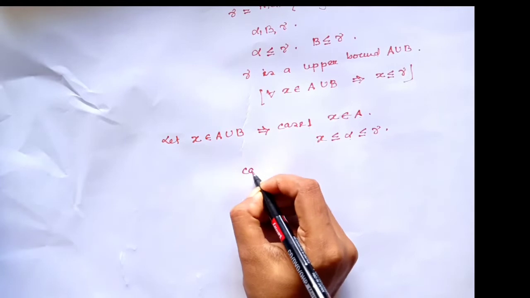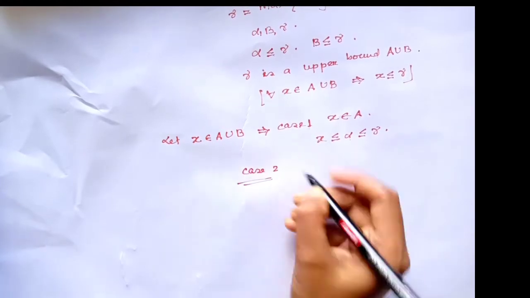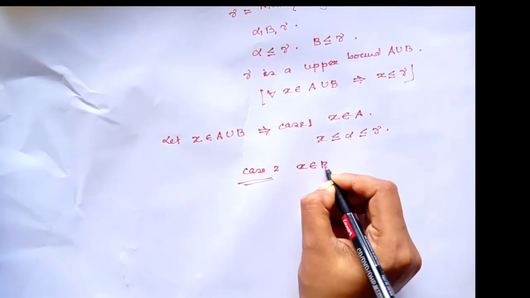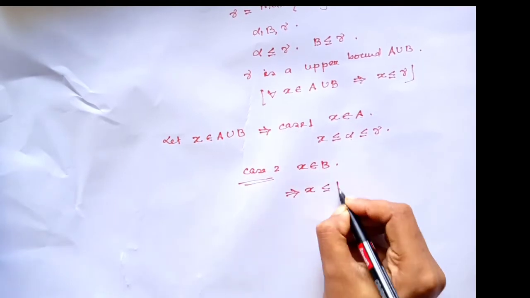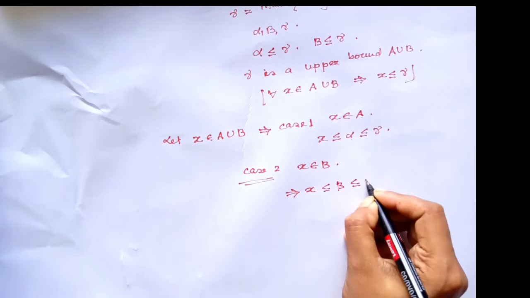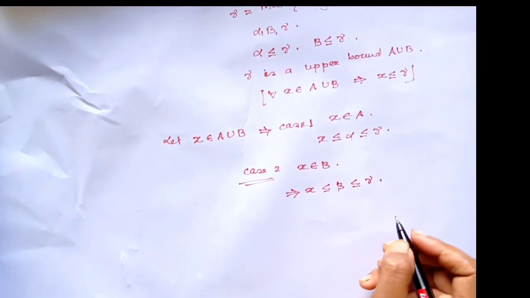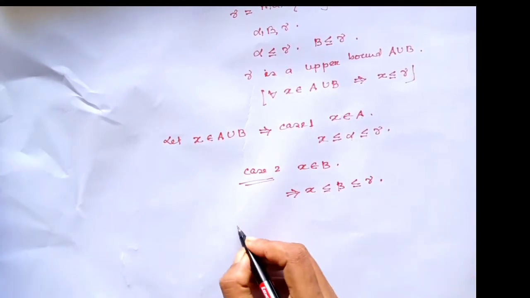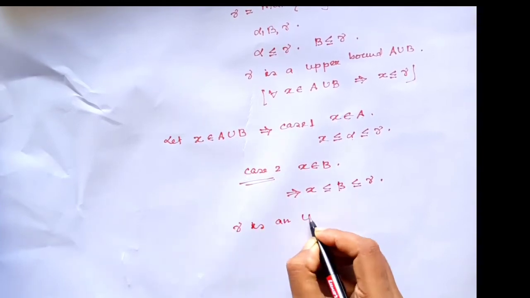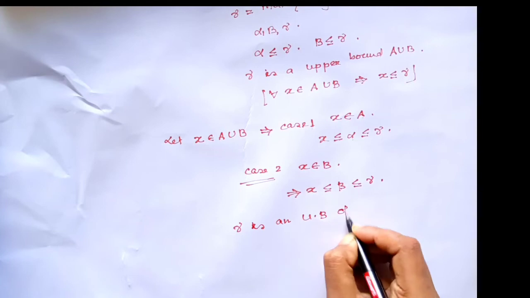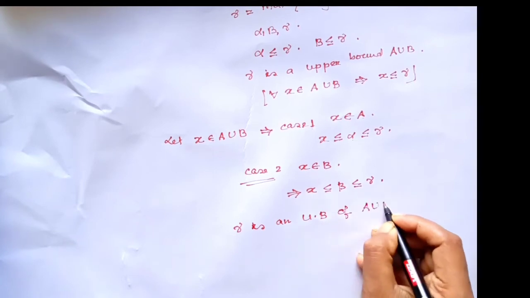Case 2, x belongs to B. That means x less than or equal to beta, also beta less than or equal to gamma. Therefore, gamma is an upper bound of A union B.